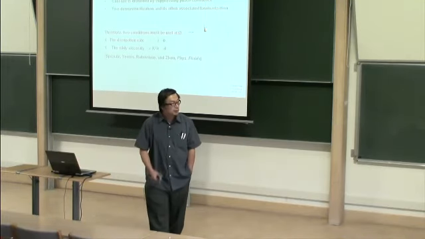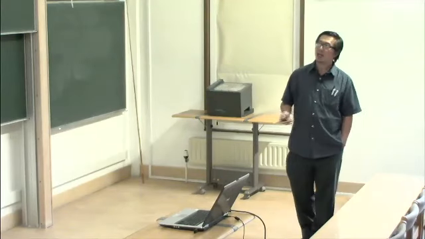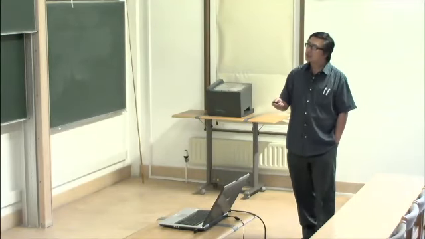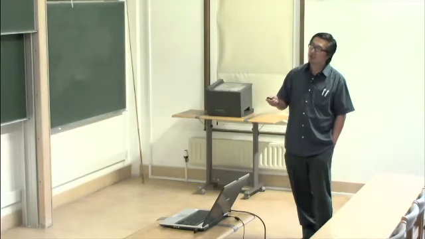All right, let me quickly talk about how you can use this information to build into the models. As I mentioned, one of the models for dealing with turbulent flows is the so-called Reynolds-averaged Navier-Stokes models. After this analysis, these models have to satisfy two consistency conditions for these kinds of flows.